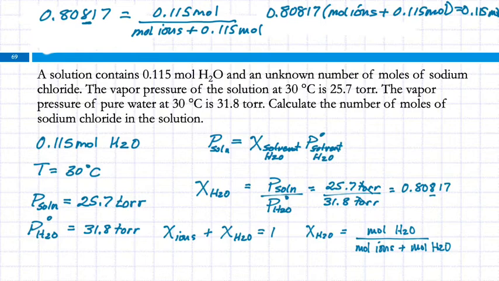So I've got this number times moles of ions plus 0.115 is equal to 0.115.